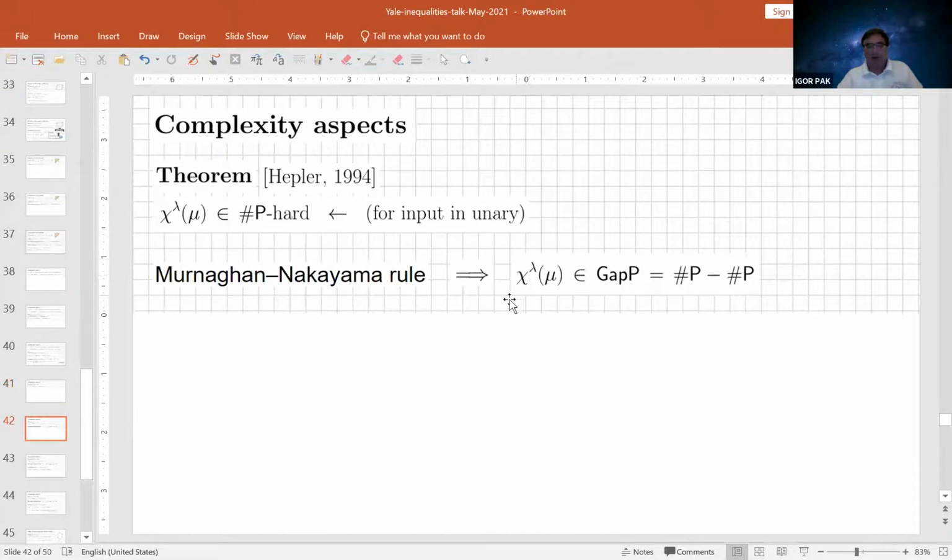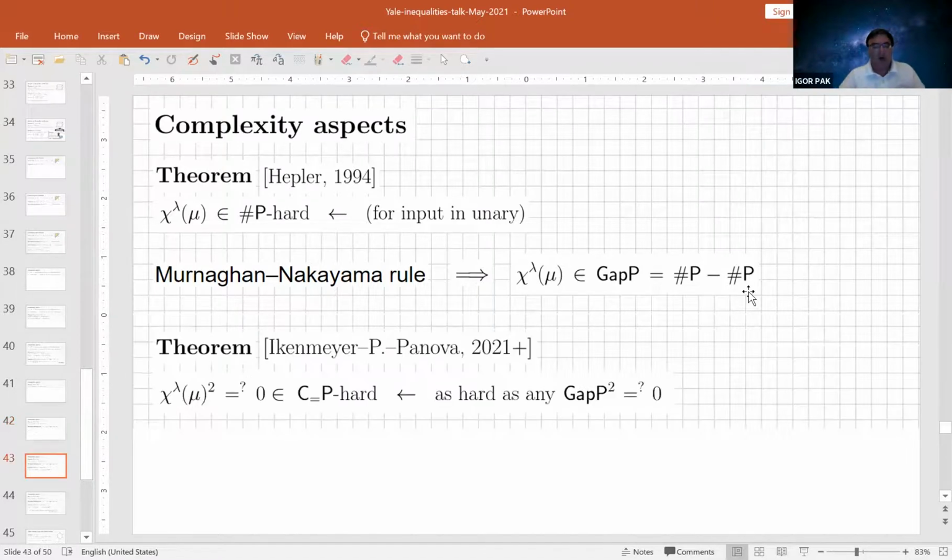The Nakayama rule, in the same way as before, shows that it's a difference of two #P functions. The Nakayama rule basically says that the character is equal to the number of rim hook tableaux of this kind minus the number of rim hook tableaux of that kind. It's a very similar rule in nature.